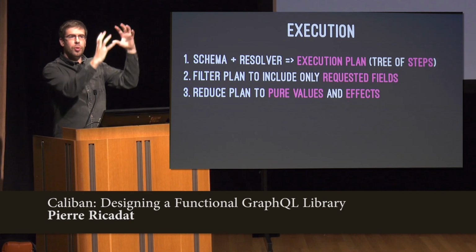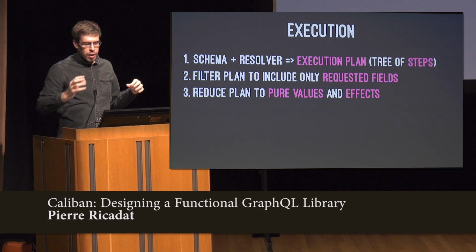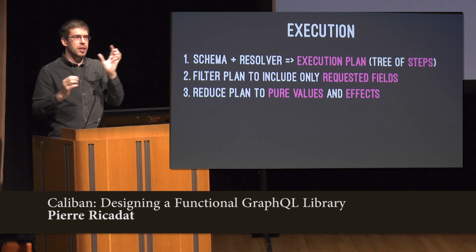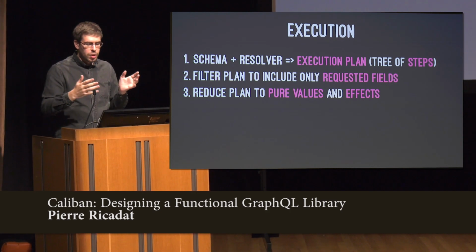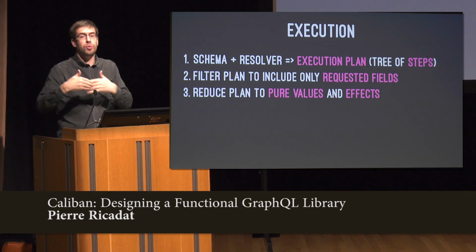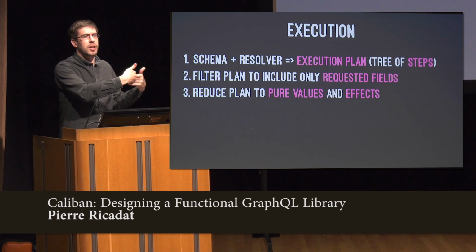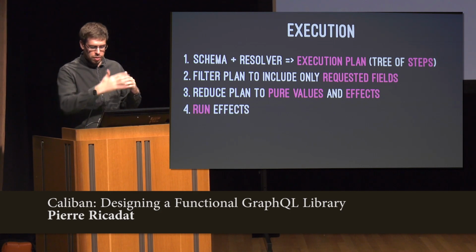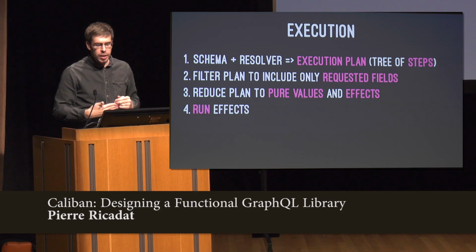We can transform this whole object into a pure value. So we try to reduce the tree so that we mostly have pure values and effects. And the effects, we can't reduce them because we need to run them in order to know what's the next step. So we reduce that tree, and then we run the effect.